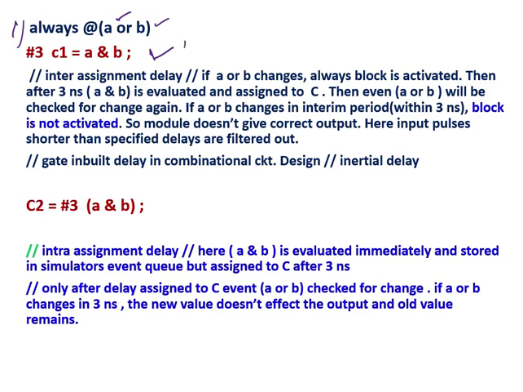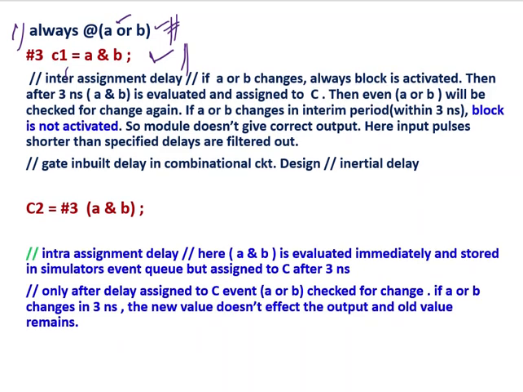So what does this mean actually? Once this part is activated, then after 3 nanoseconds A and B is evaluated, not at the same instant, not at 0 nanosecond or 0 time step. This C1 will be updated, but it will wait for 3 nanoseconds.